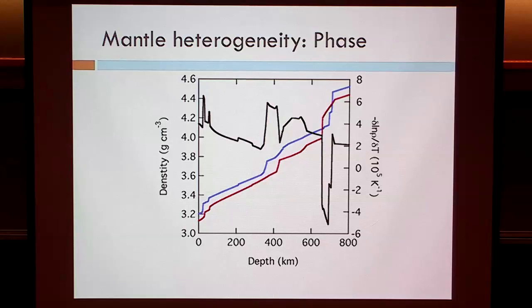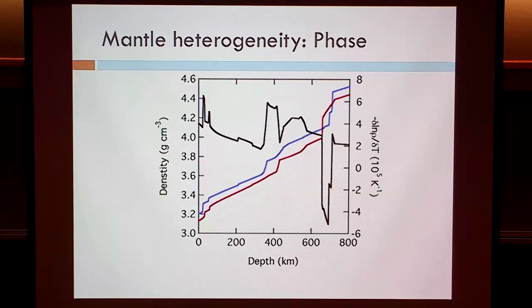You can actually calculate it more directly with the Hessian matrix, and we're doing that now. But the thermal expansivity actually has all these bumps and wiggles in it. Actually goes negative. You have negative thermal expansivity at the 660, and so on.